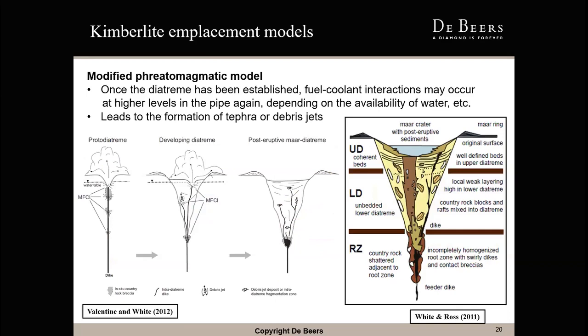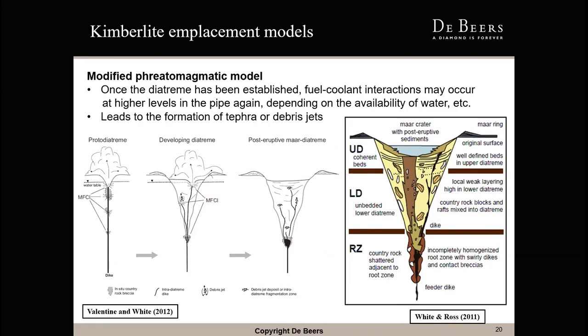One of the recent advances over the last couple of years has been observations in some of the vent systems that have been studied, that once the diatreme has been established, depending on the level of water, for example if there are significant amounts of rain, water may percolate down and you may end up having magma ascend to higher levels in the pipe again.